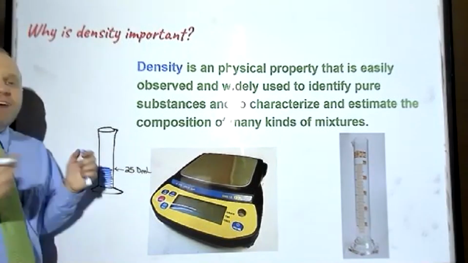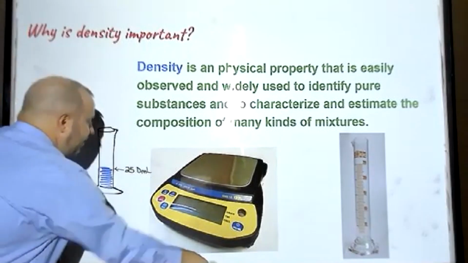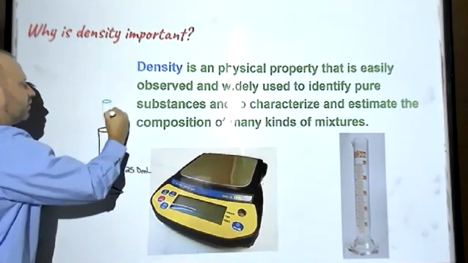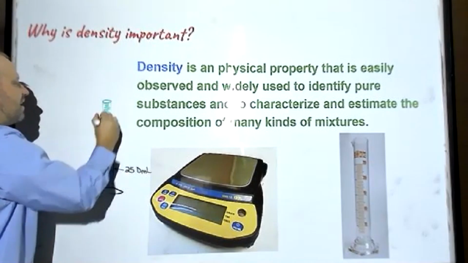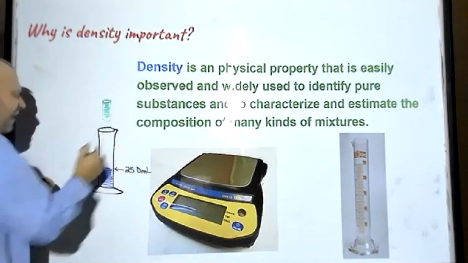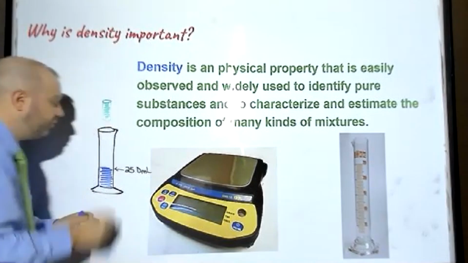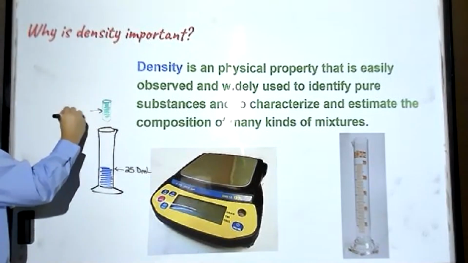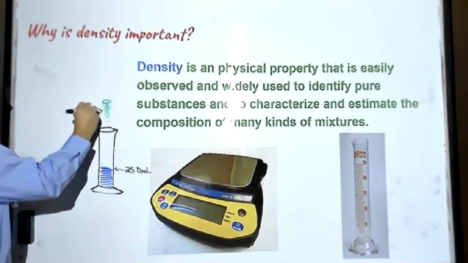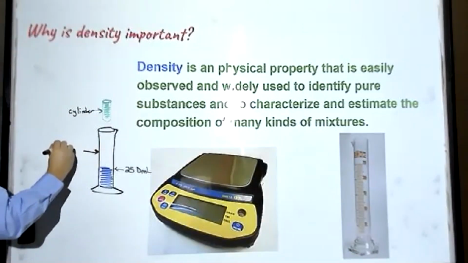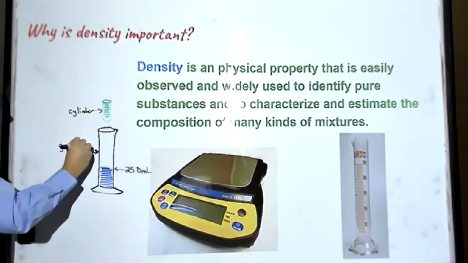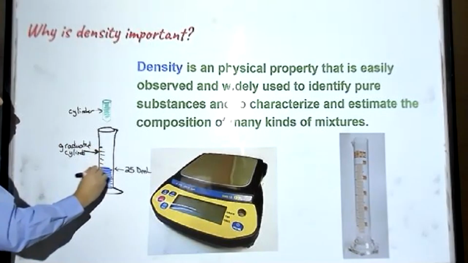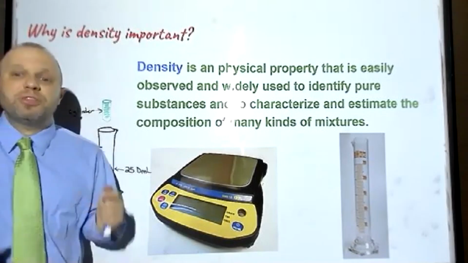Now, if I take an object, so let's say I take a cylinder, that's what we're going to be using in the lab. Let's say it's a metal or plastic cylinder. This is a graduated cylinder, that's the actual name for it. Graduated because it has markings on it that allow you to determine what the volume is.